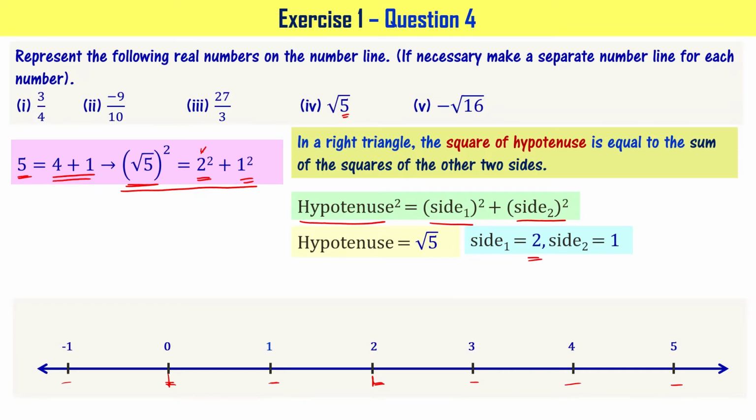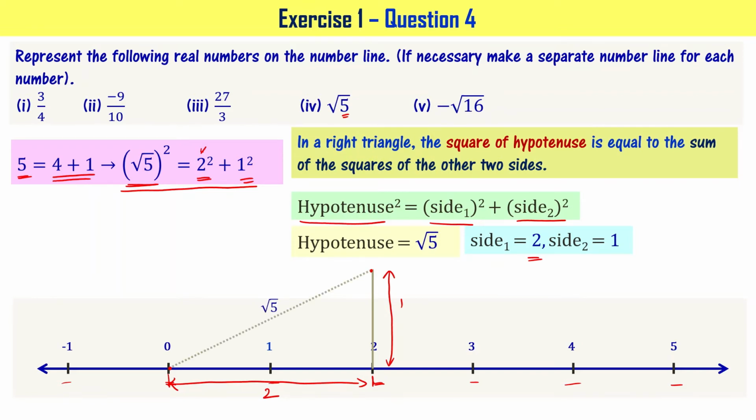Let me draw a perpendicular line from number 2 of size unit 1. When you look at this particular size, it is 2 units, right? This particular side length, if you look at, is 1 unit, right? When you draw a line from this particular point to this particular point, that is going to be the hypotenuse of this right triangle, right?